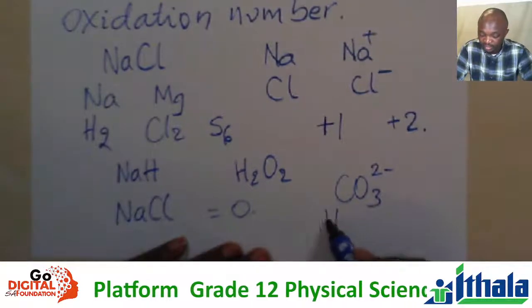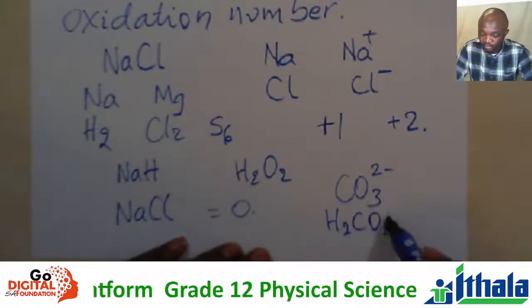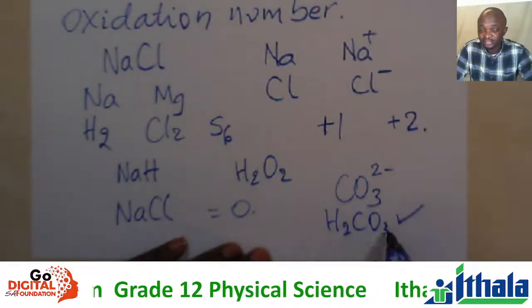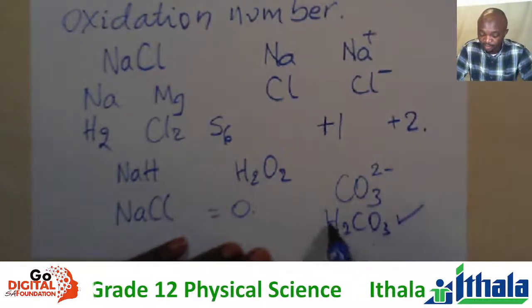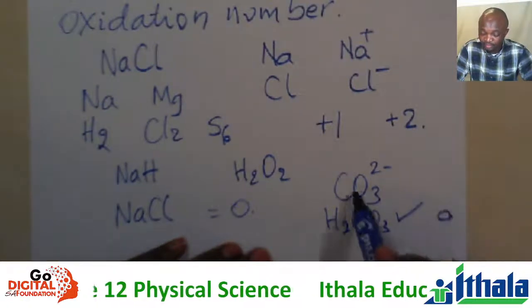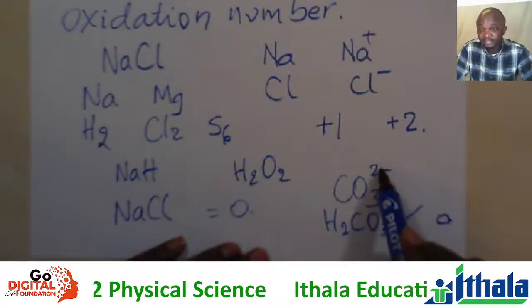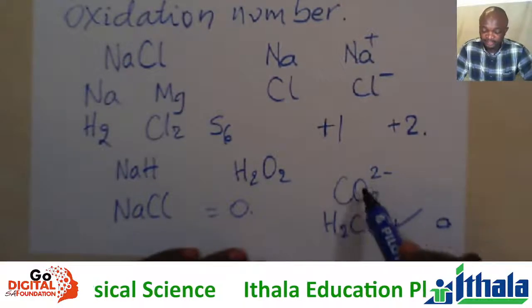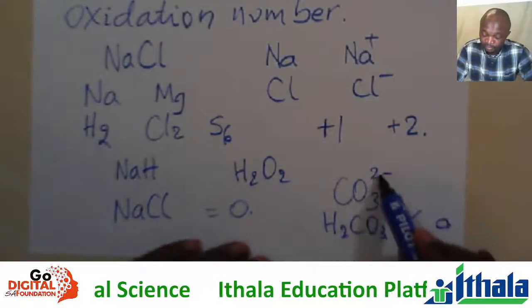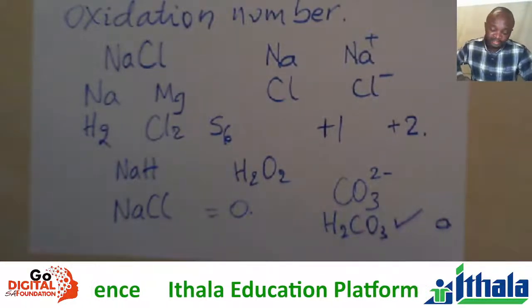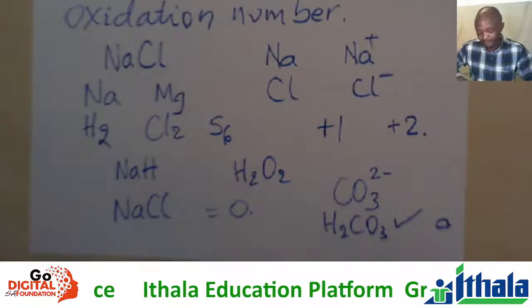Let's say it's H2CO3, this one is a neutral compound. So mohlanganisa oxidation numbers of all the elements in this compound kuzophuma u-0. But mase kune ion kanje as a polyatomic ion, oxidation number sum will give you negative 2. That is for a oxidation number, right?